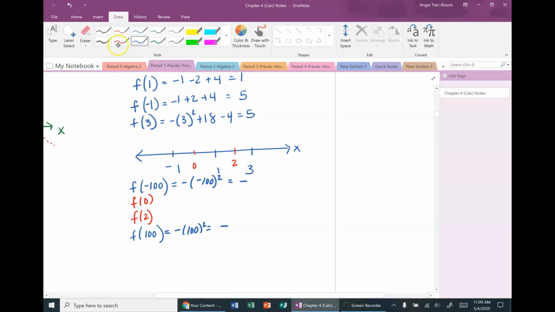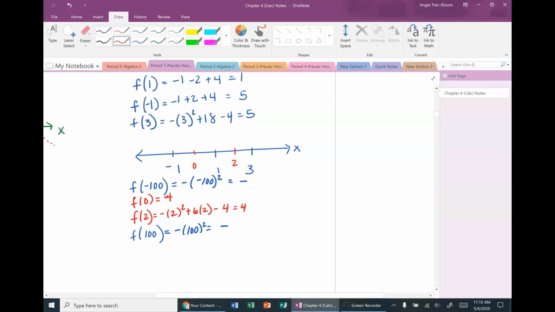Well, out of curiosity, I want to see what's happening at 0. Well, 0 is definitely less than 1, so I would use the first piece. So that's going to be negative 0, 0, and 4. So that's actually plus 4 when I plug it in. Then 2 is bigger than 1, so I will be using this second piece. So negative 2 squared plus 6 times 2 minus 4. That will give me 4 total.